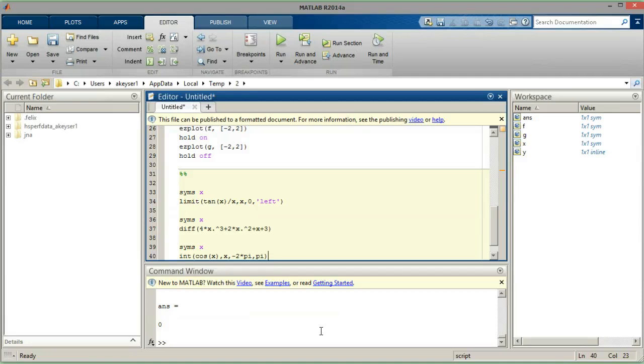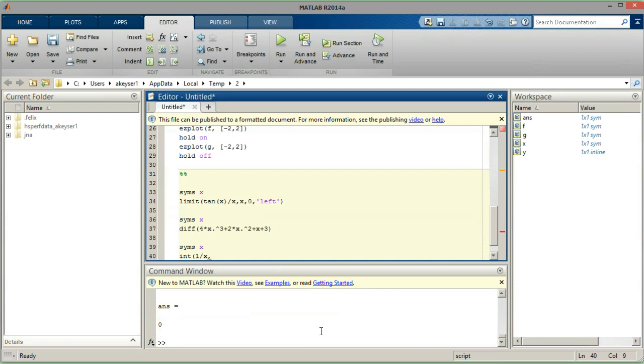Another thing I need to say about this: you can input negative infinity and infinity in here as well. Let's say, for example, I wanted to find the integral of 1 over x. So let's take 1 divided by x as our function.